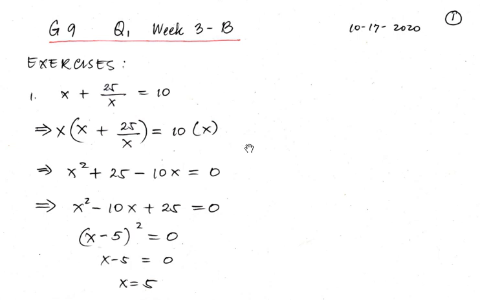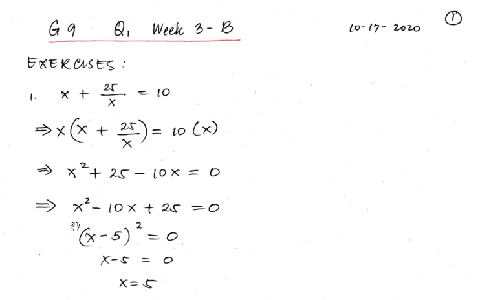Having done this, our equation now will become x squared plus 25 minus 10x, because 10x here will be transposed on the left-hand side, leaving the right-hand side of the equation to be 0. Then, rearranging the terms in such a way that the powers of x are in descending order.